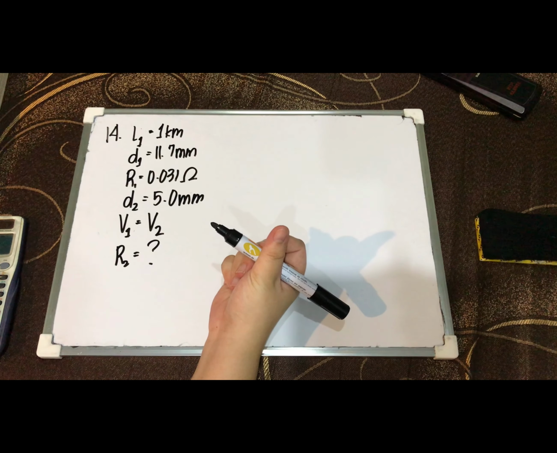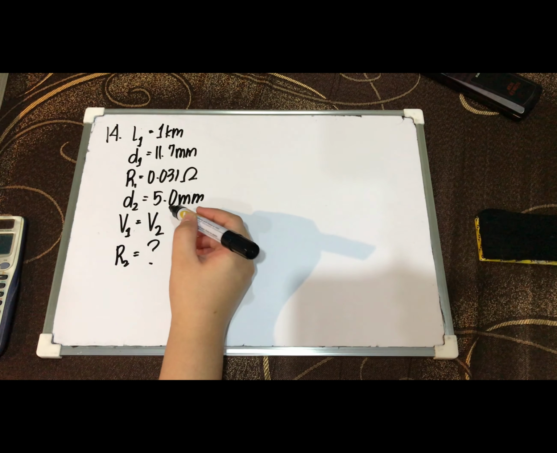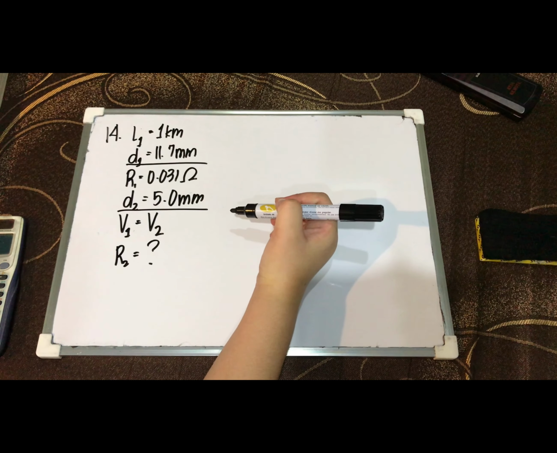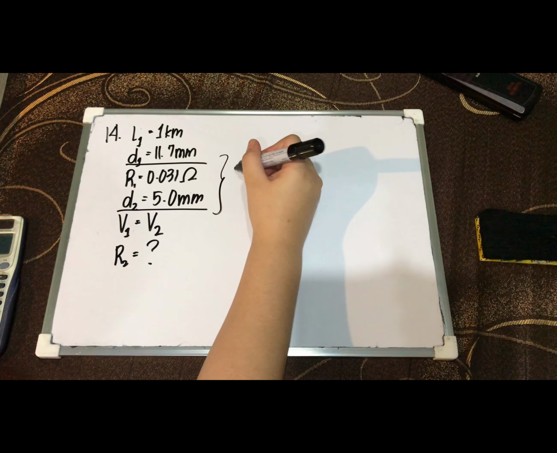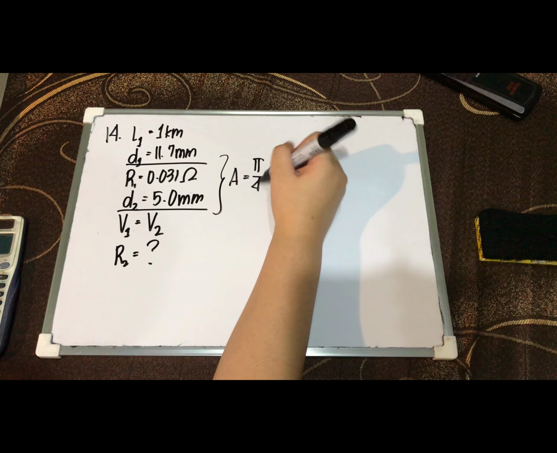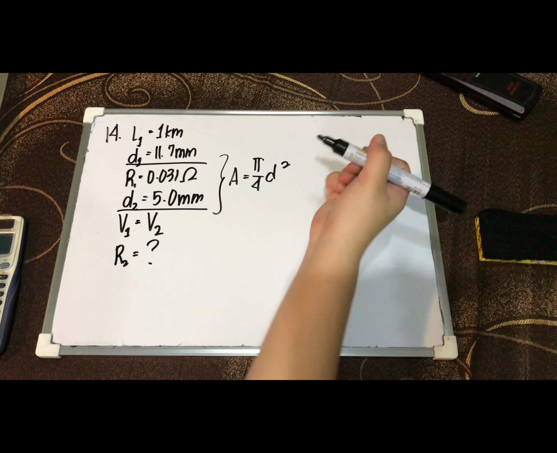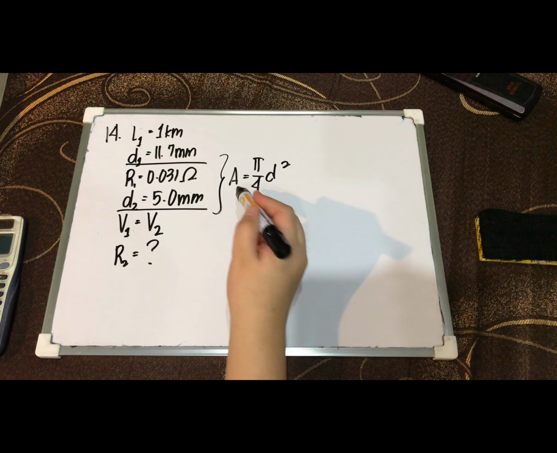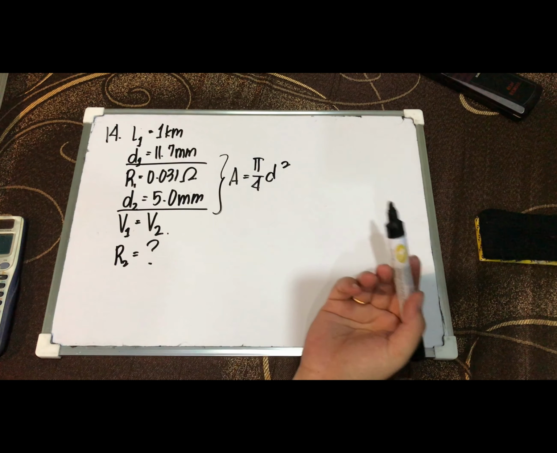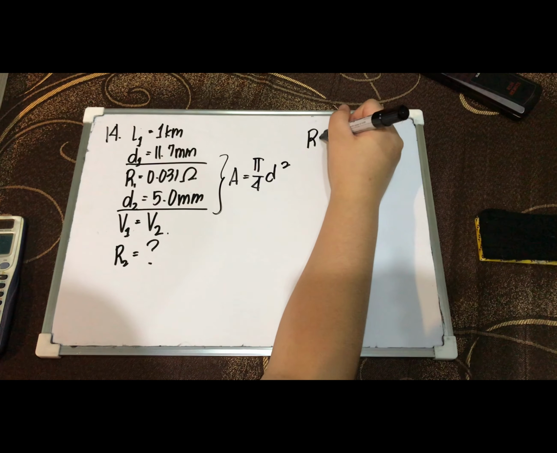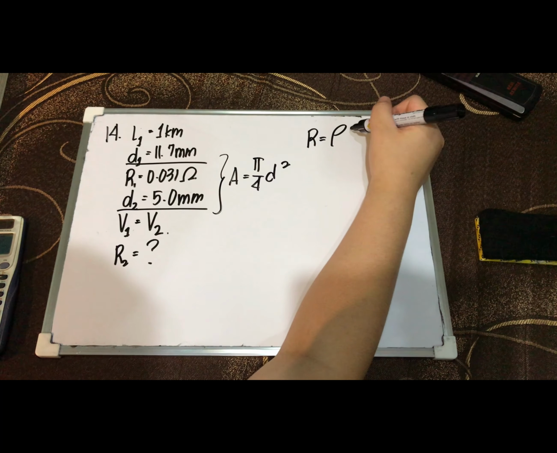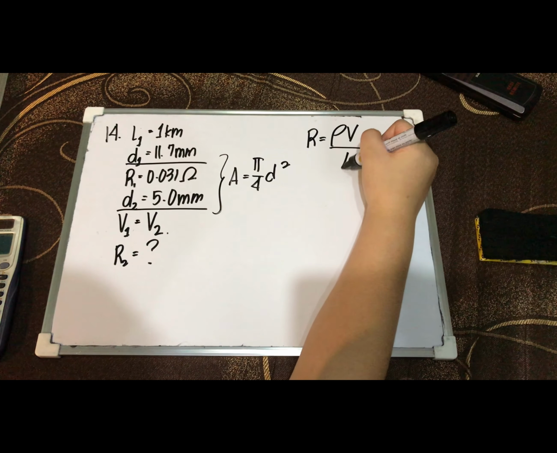So, makikita natin na dito sa given, associated ang D1 at D2. Saan ba associated ang mga diameter? Hindi ba sa area? Dun siya ginagamit. Pi over 4 D squared. So, anong formula ng resistance natin? Ang may A na may pi over 4 D squared at may volume. Ito yung third formula ng resistance natin na specific resistance times volume over A squared.